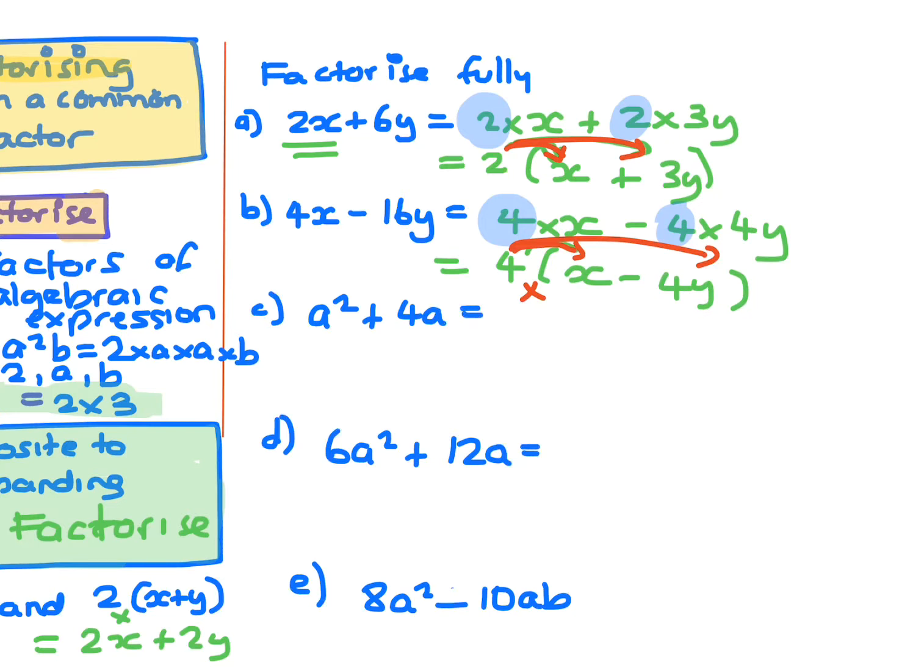Okay, the next one, we've got a squared and 4a, so there's no number that's common, but you've got 2 a's there, because you've got a times a and 4 times a. So the thing that is common there will be an a. So you need to take the a out.